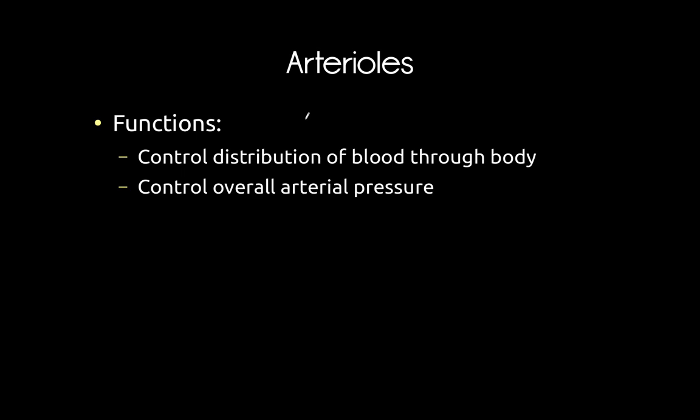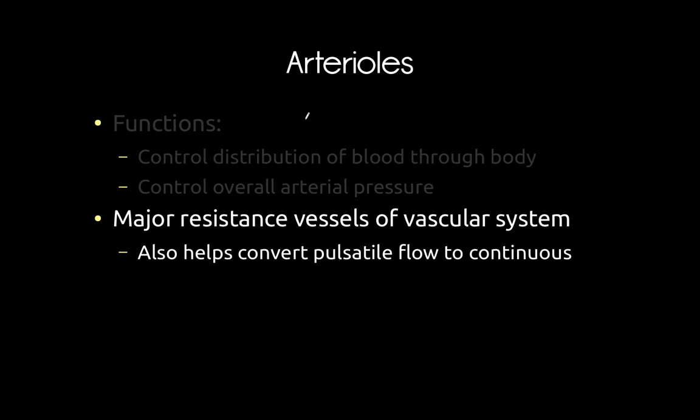And we can also control the overall arterial pressure of the entire body with arterioles. So how in the world do we do that? Well, that's because these are major resistance vessels. Most of the resistance of the vascular system occurs here in the arterioles.